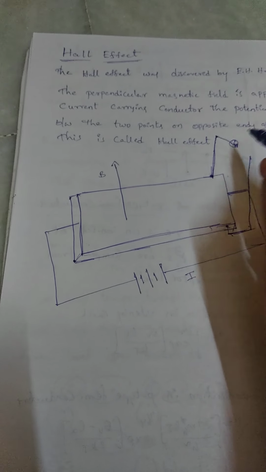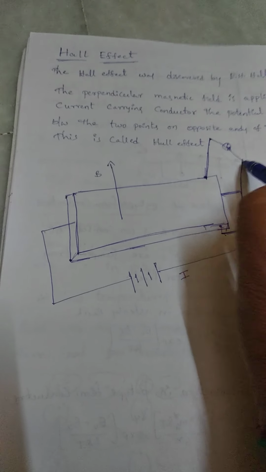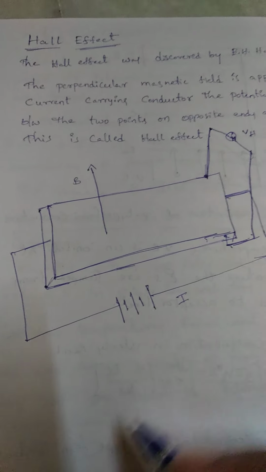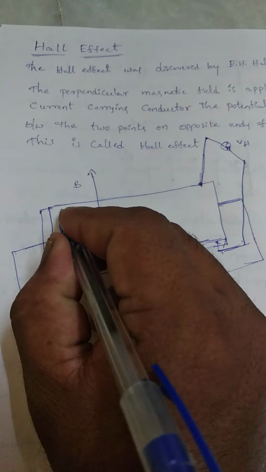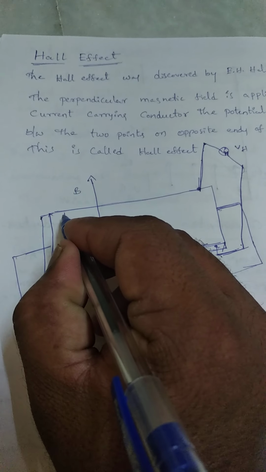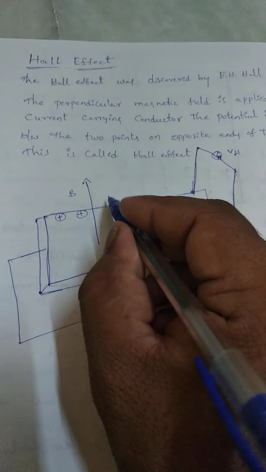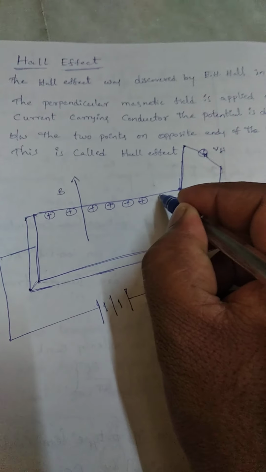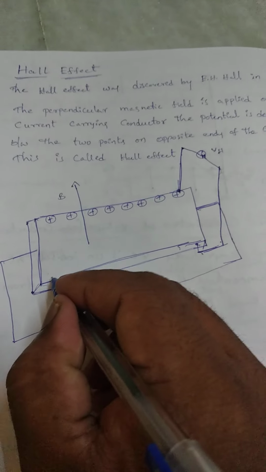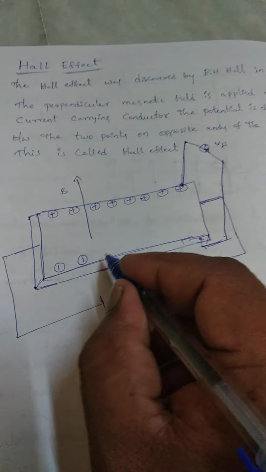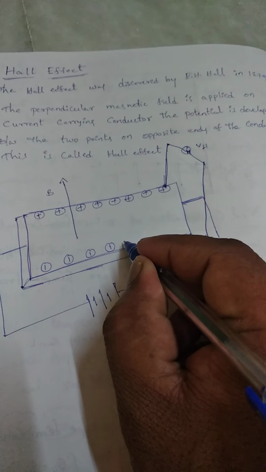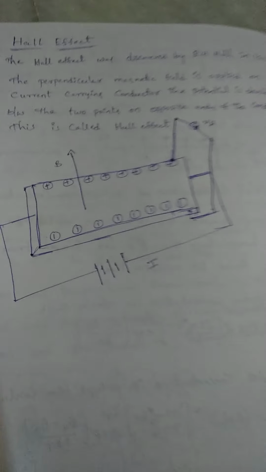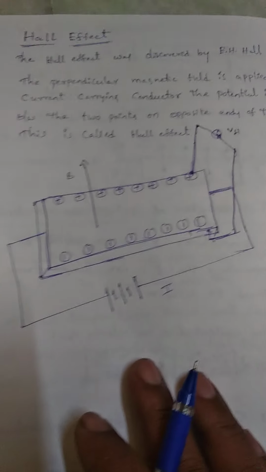The developed potential is called the Hall voltage, VH. Charge accumulates on the opposite ends of the conductor. This is called the Hall effect.